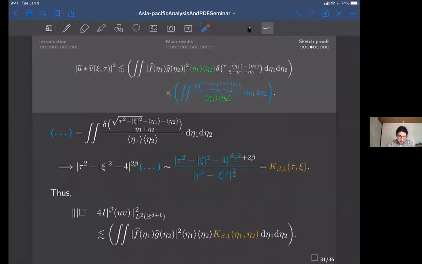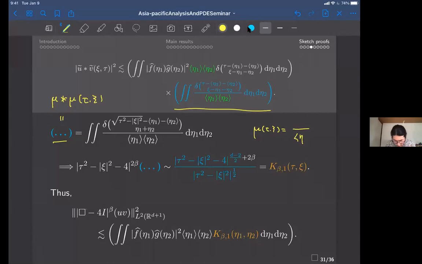And this bracket thing can be expressed as the convolution mu star tau xi, where mu is defined by this. Then it's already known that this mu is Lorentz invariant, so you can use the Lorentz transform in an easy way.